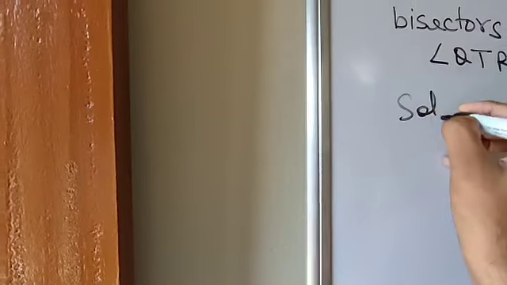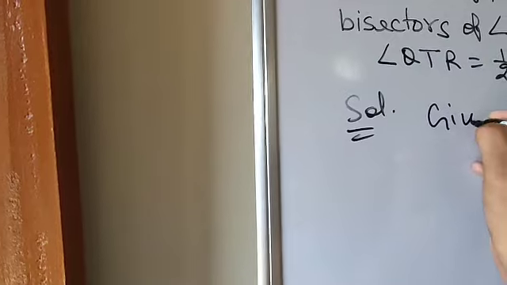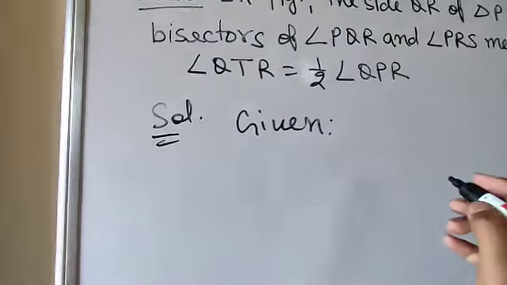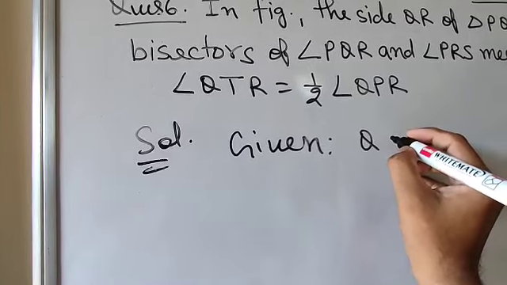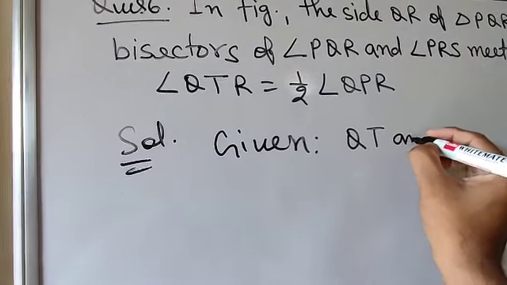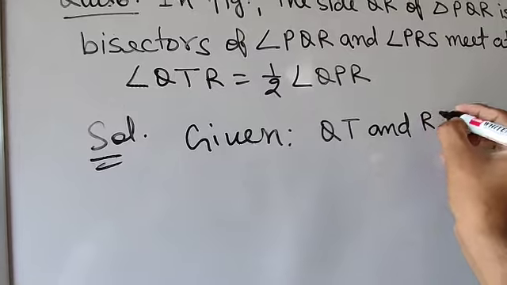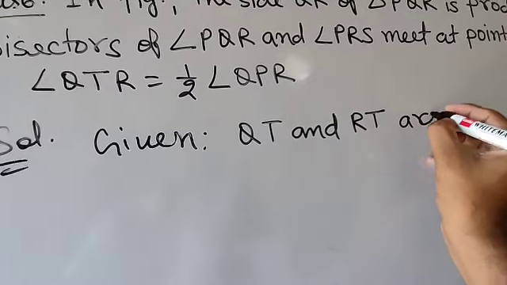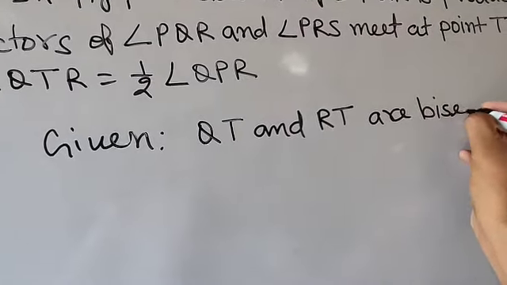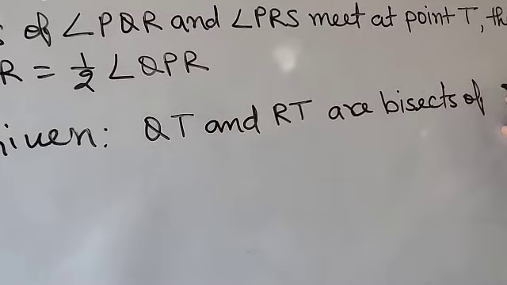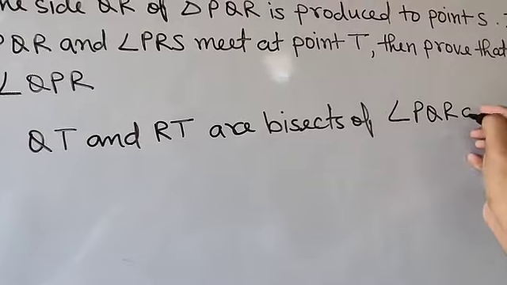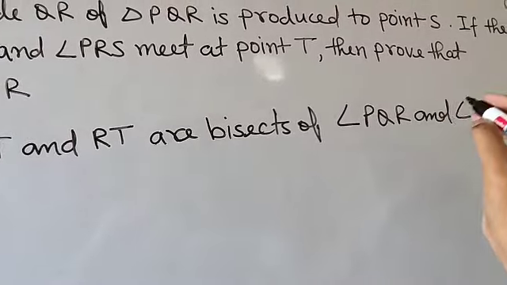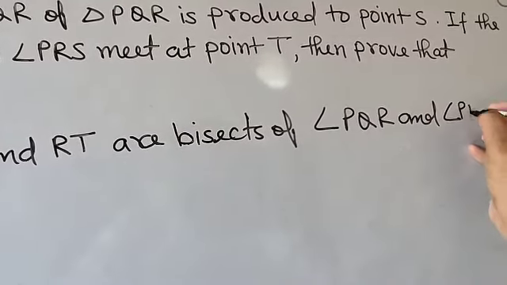So here I am going to solve it. Now in the solution, what is given here is that QT and RT are bisectors of angle PQR and angle PRS.